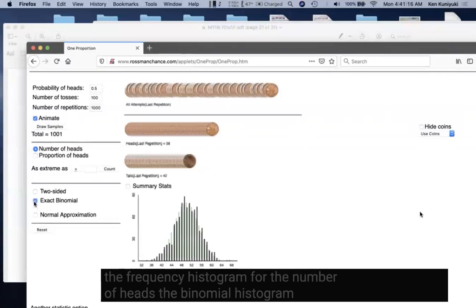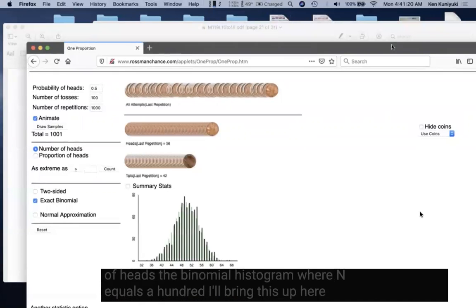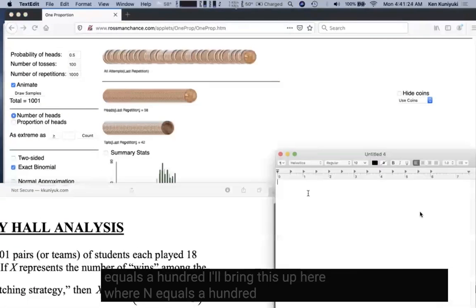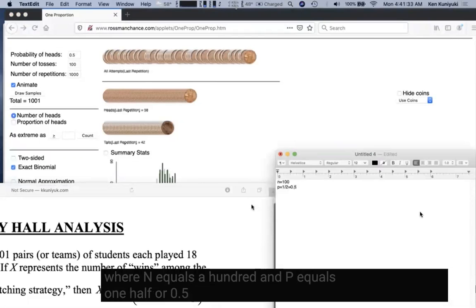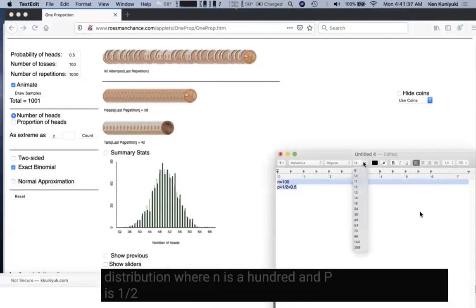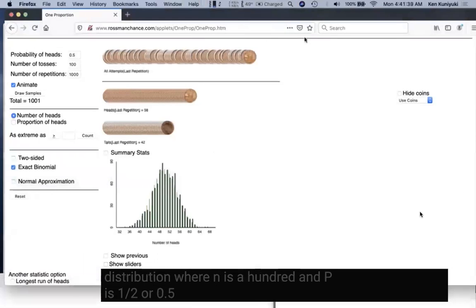The binomial histogram, where n equals 100, I'll bring this up here, where n equals 100, and p equals 1/2 or 0.5. The binomial distribution where n is 100 and p is 1/2 or 0.5.